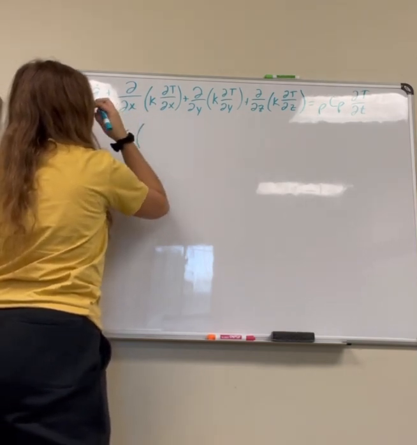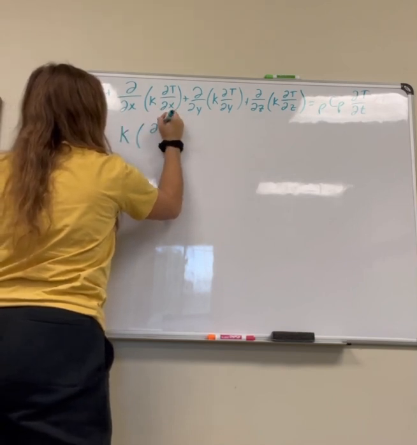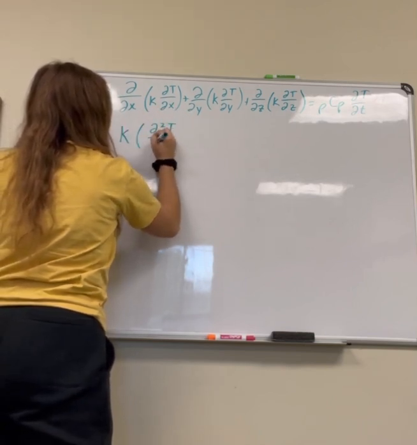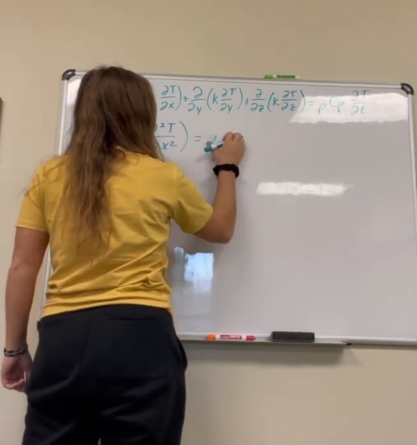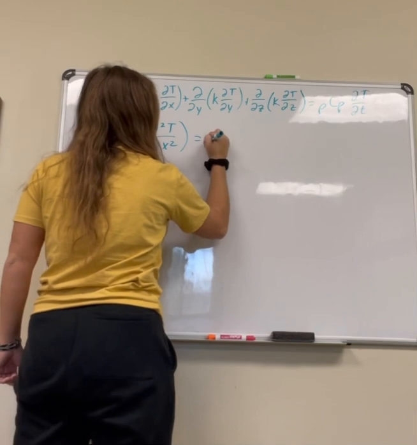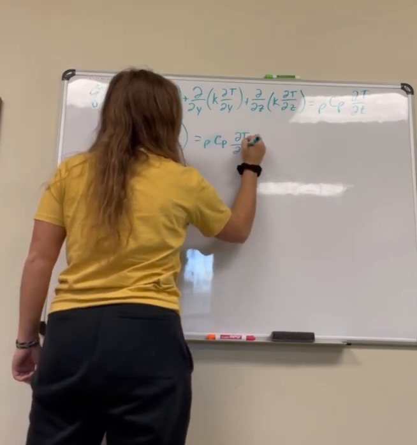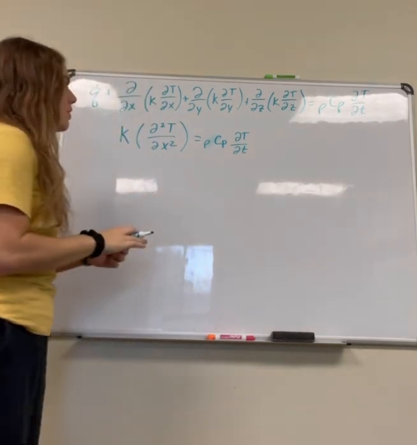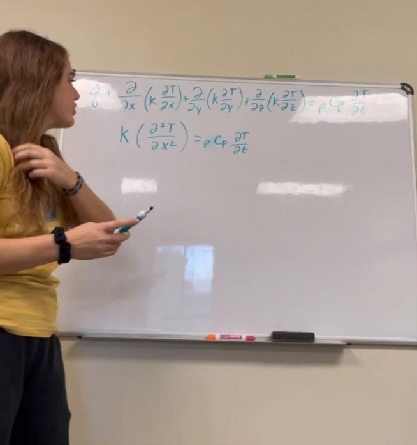K equal to. And so then this here is pretty much the simplest form of the heat diffusion equation.